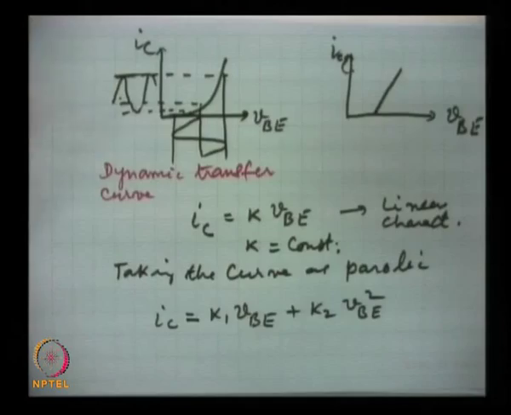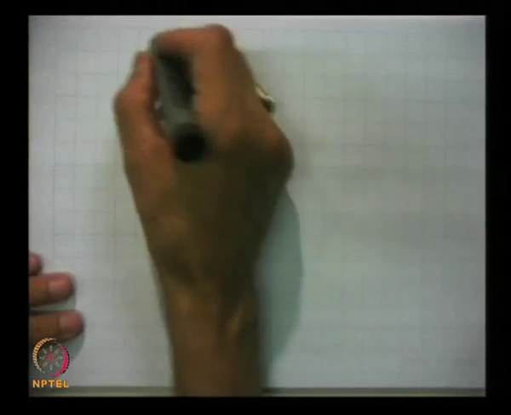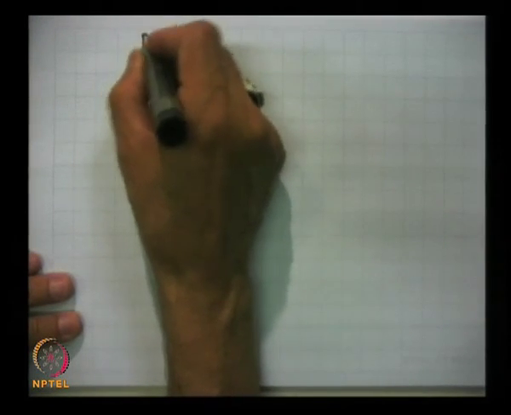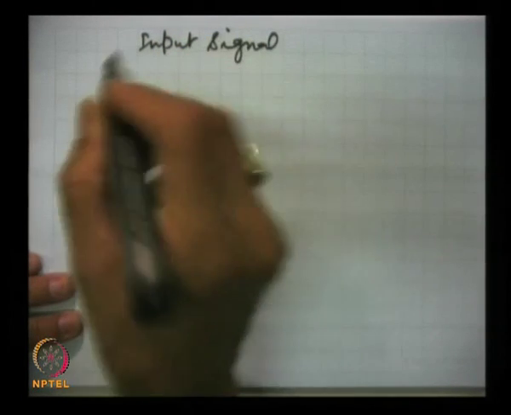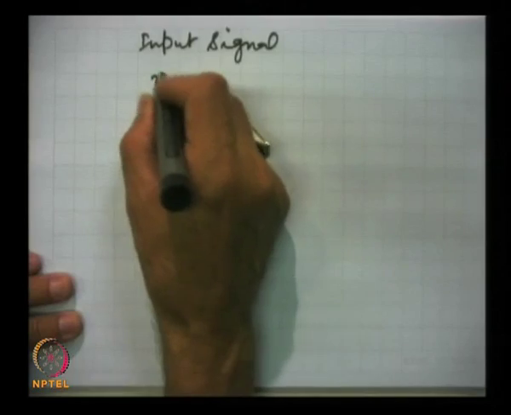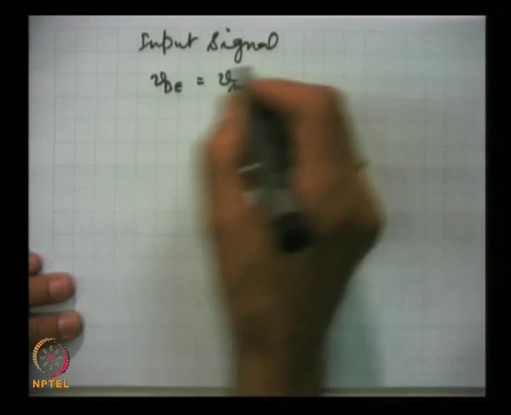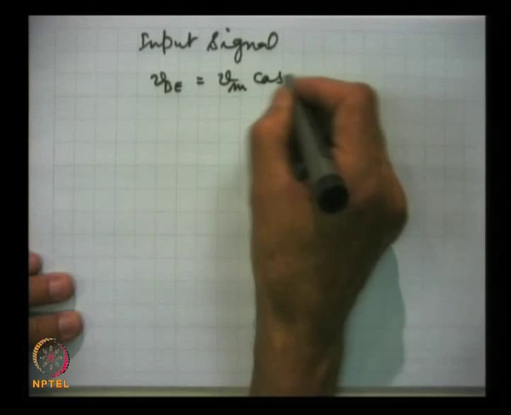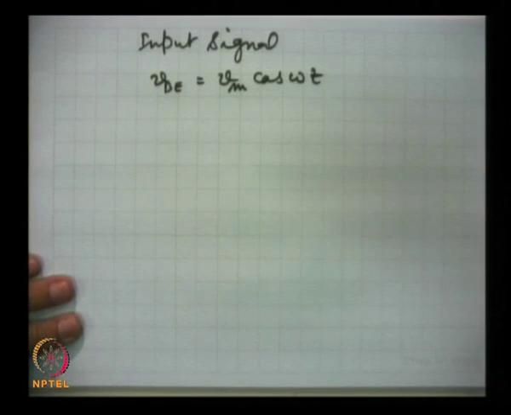Now, let the input signal be sinusoidal, of the form VBE equals Vm cos omega t, where Vm is the maximum amplitude and omega is the angular frequency of the signal.